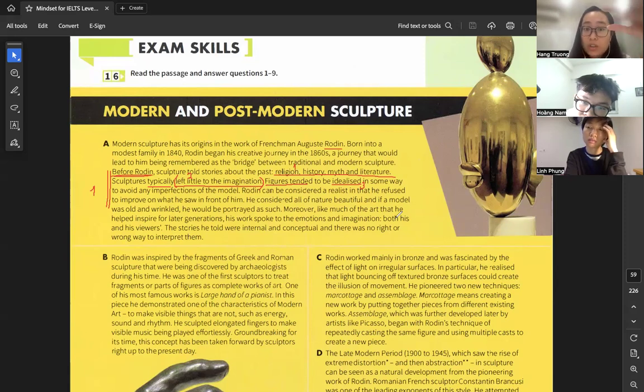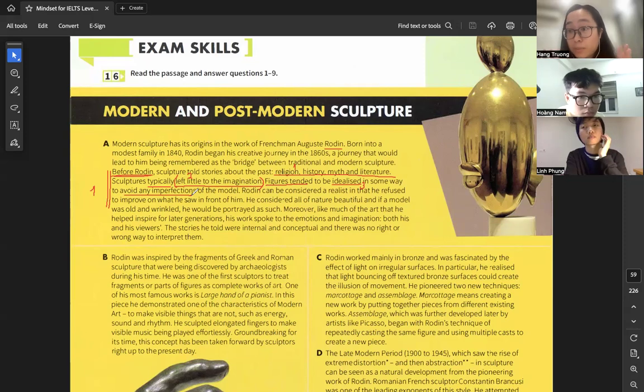So the sculptures in the past tended to be idealized in some way, to avoid imperfection. So it's actually unrealistic, because things that are real are not perfect. So all of these three hints point to the fact that before Rodin, sculptures were not realistic. That's it.